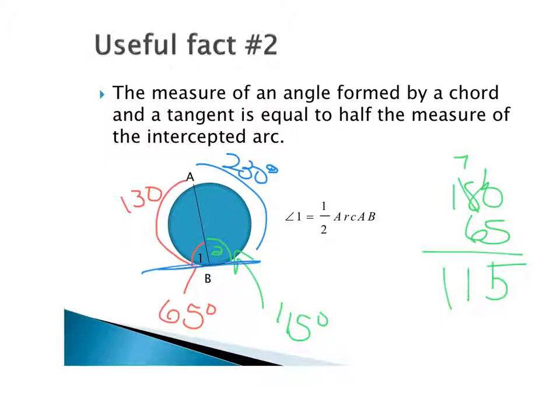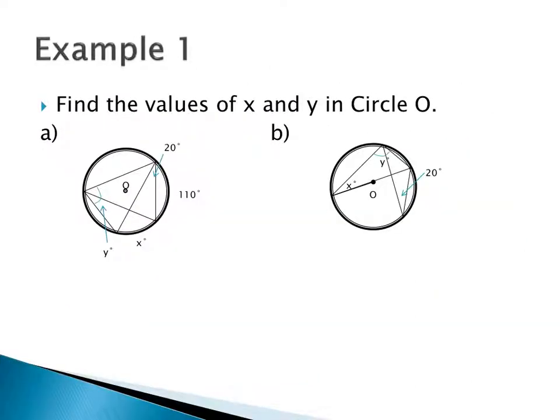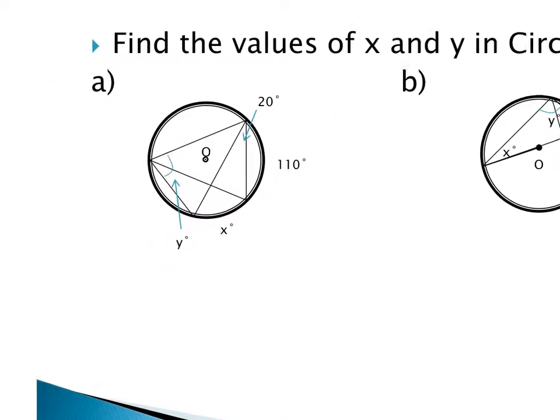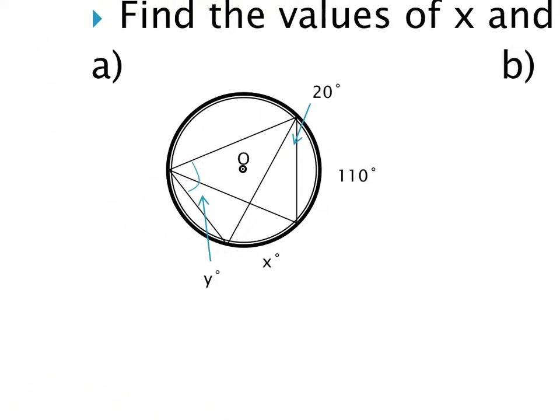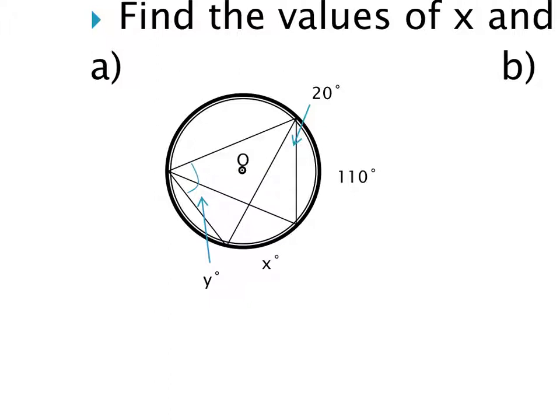Example 1. So let's look at part A first. We need to find the values of x and y in this circle O. Okay, so let me outline these angles that I see here. So I've got an angle here for y, and y is referring to this.